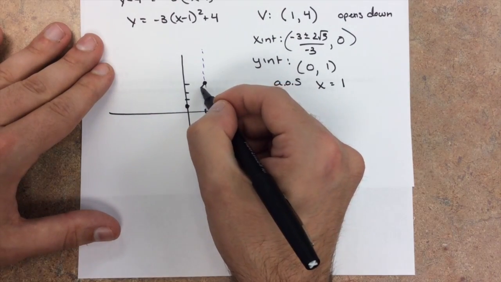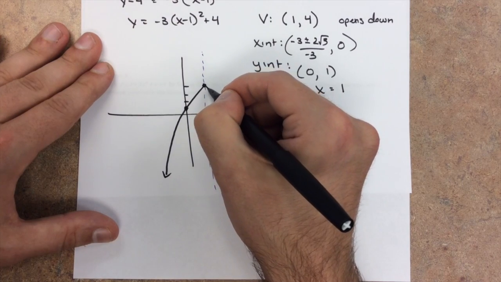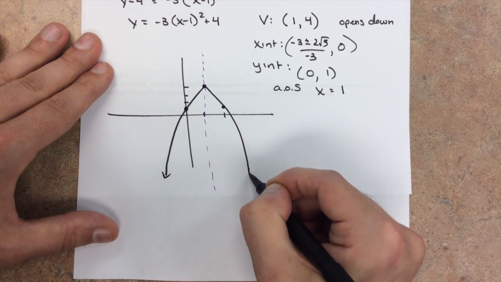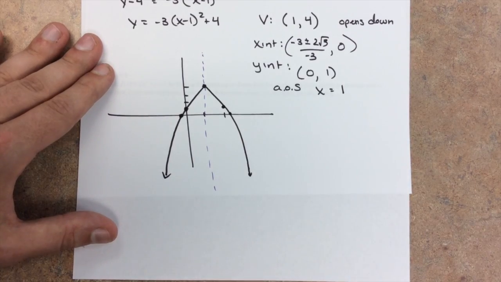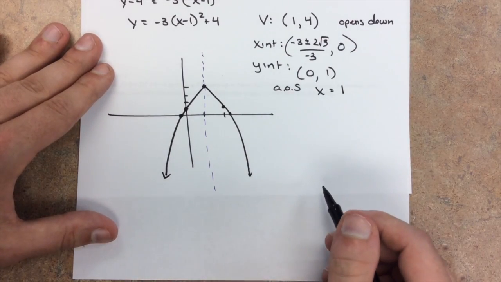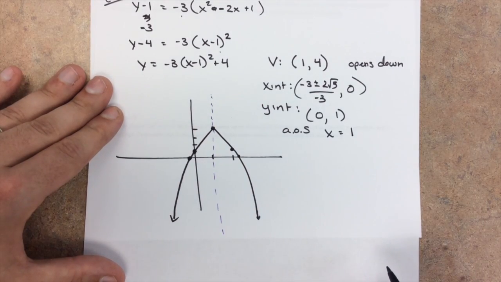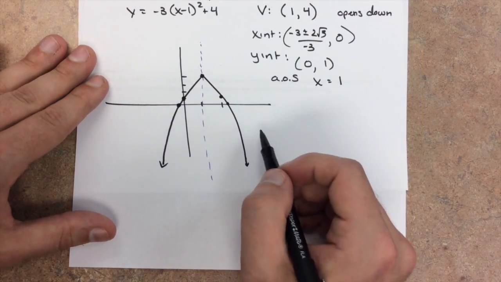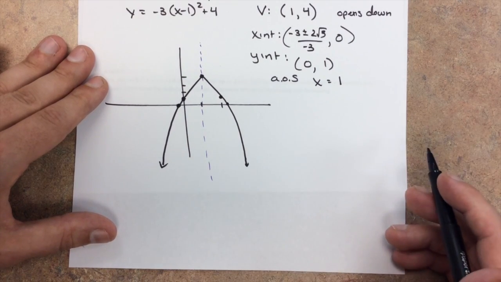And I can see that my x-intercepts are right about where I expected them to be. That's my graph of this function, based off of just putting this into vertex form, which I didn't include on your notes, but there we go.